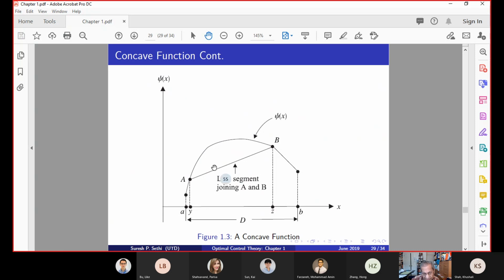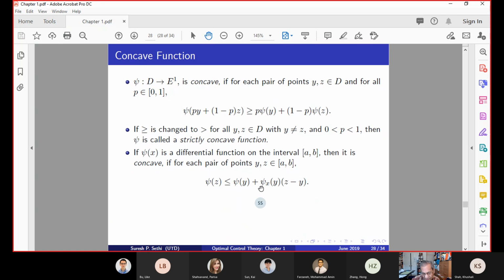But if the function is differentiable and I take a tangent here, then you see I'm going to estimate that function here by the tangent. The tangent is overestimating it. It's above that function. So that means the function is below the estimate. This is the estimate.